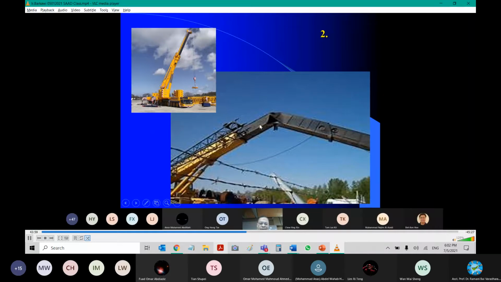Most cranes have a built capacity, how many tons they can carry and so on. But somehow or other, in this particular mishap, this particular part of that crane just bent, and it cannot sustain the load anymore.